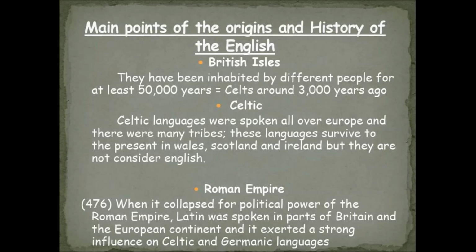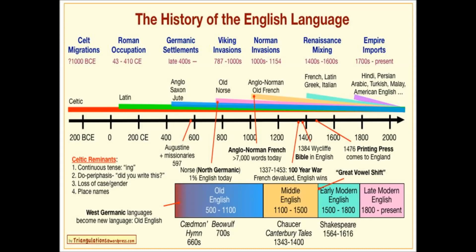For example, Celtic migrations of 1000 before Christ, Roman occupation around 43 to 400 AD, Germanic settlements from 400s, Viking invasions from around 7th to 8th to 9th centuries, Norman invasions of 1066 leading to Norman Conquest, and of course the influence of Renaissance and the imperial growth of England as a very powerful nation. These all contributed greatly to the making of the English language today.